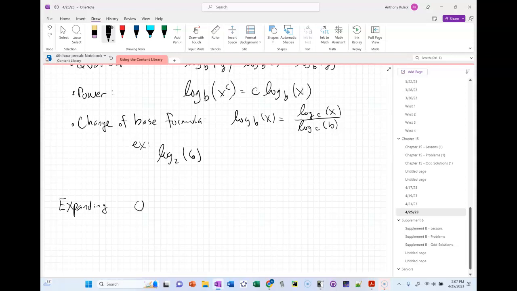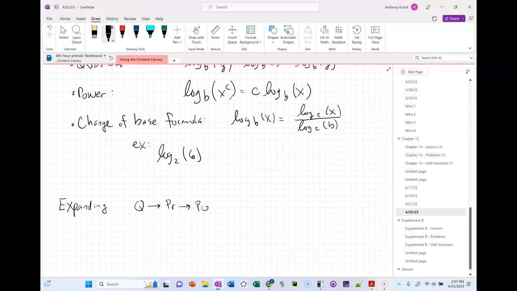When doing expanding, the order in which we want to apply the properties is quotient, product, and then power. That order is critically important. You're doing it in the correct order. The only exception would be if the order of operations says to do the exponent before you want to do multiplication.